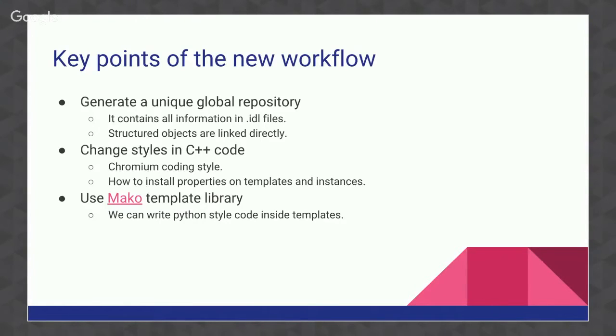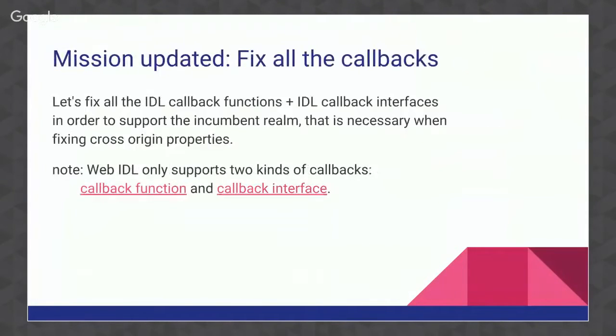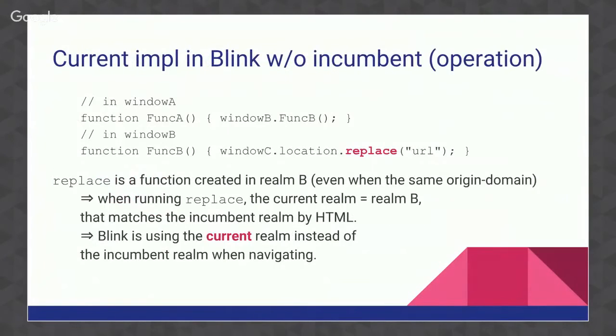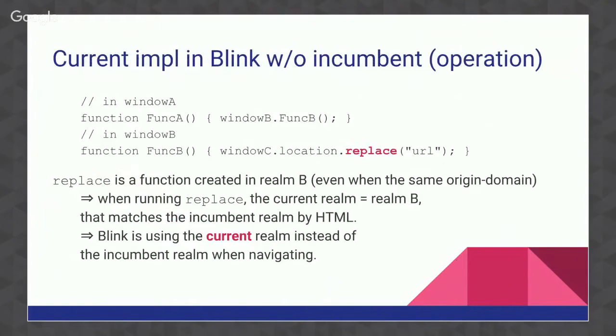I'm not sure I remember the question. The original issue is one is the location, which is not the attribute, but another is that you are using CrossOrigin. Yeah, that's true. Can you go back to the slides? Yeah, that's right.